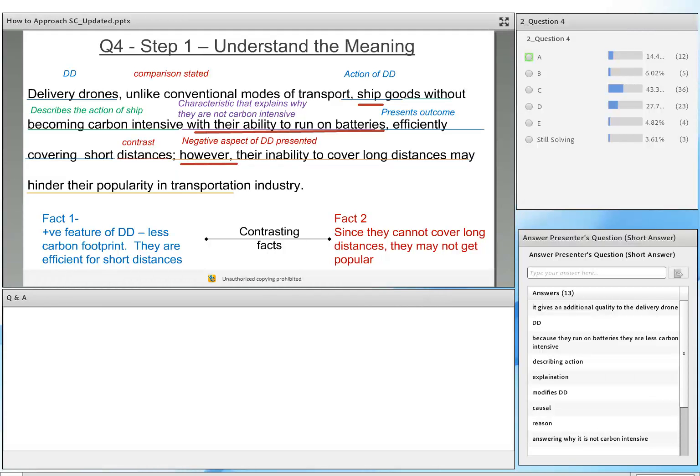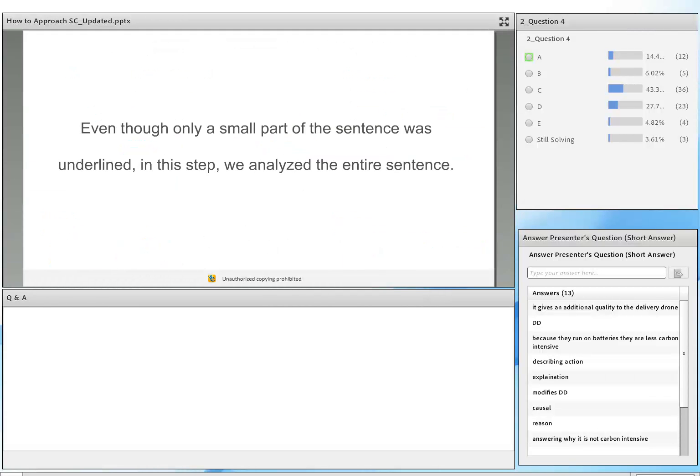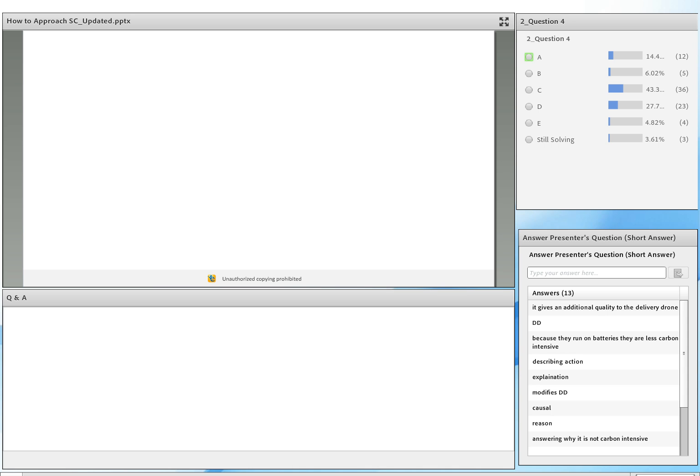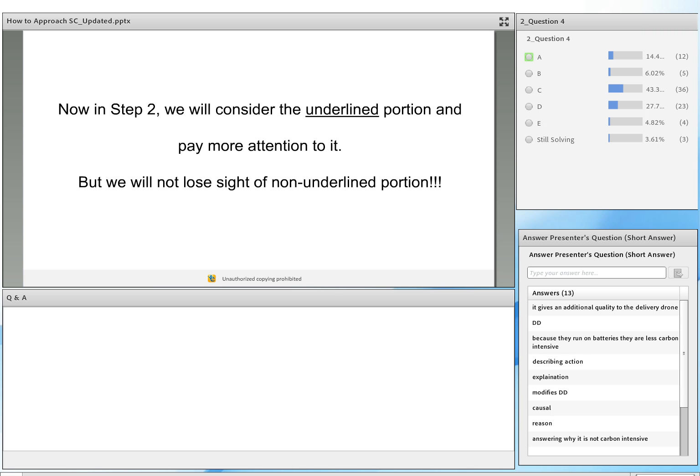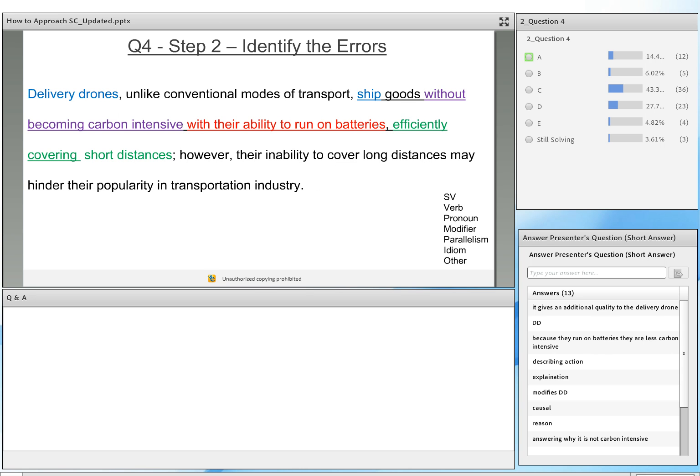Now, the one thing I want you to notice is that even though only a small part of the sentence was underlined, when we read the sentence for its meaning, we went through the entire sentence. But when we analyze the errors, we focus more on the underlined portion, without losing sight of the non-underlined portion.